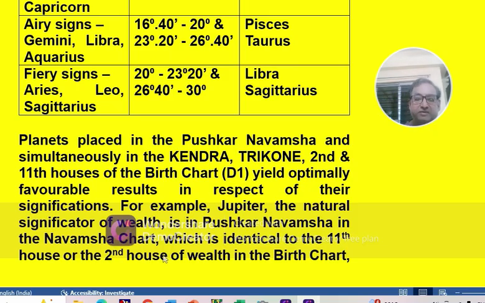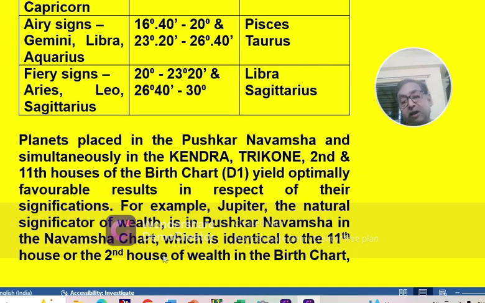Planets placed in the Pushkar Navamsha and simultaneously in the Kendra, Trikona, 2nd and 11th houses of the birth chart D1 yield optimally favorable results in respect of their significations.